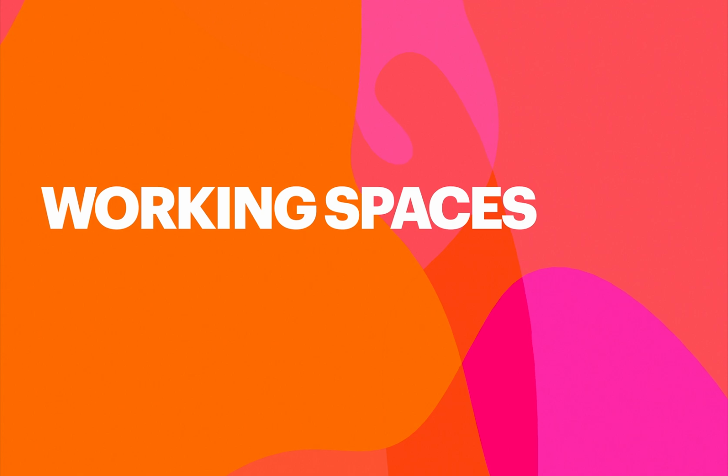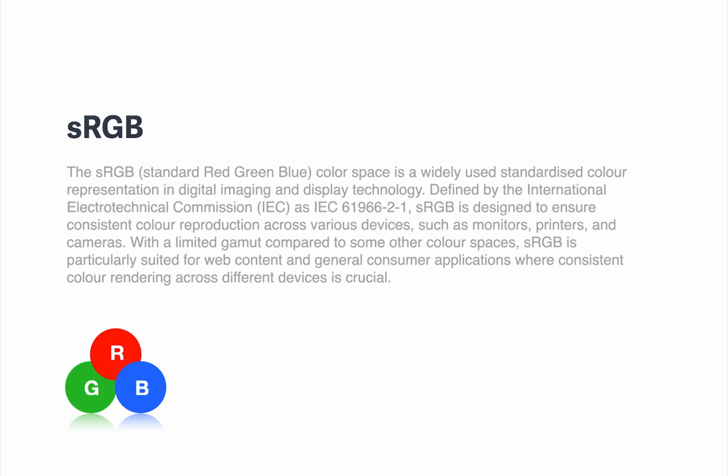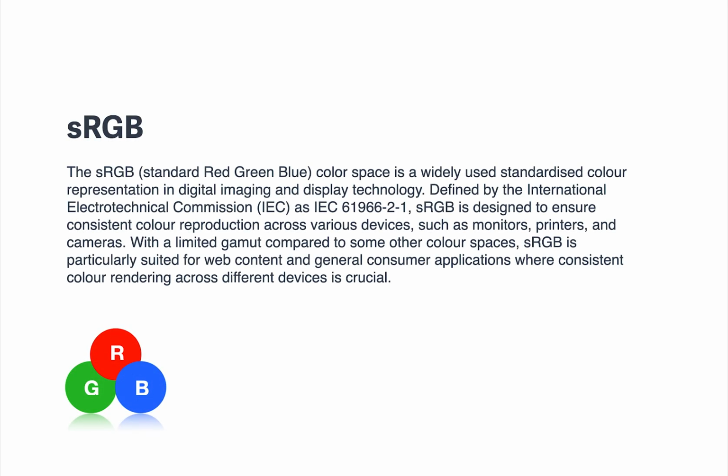Now let's see what the main working spaces commonly used in photography are. The sRGB color space was designed as a general-purpose color space that all consumer devices could adhere to. So if a computer manufacturer decides to make a screen, they have an industry standard to work to and make sure that their product can display the full range of colors contained within this color space.